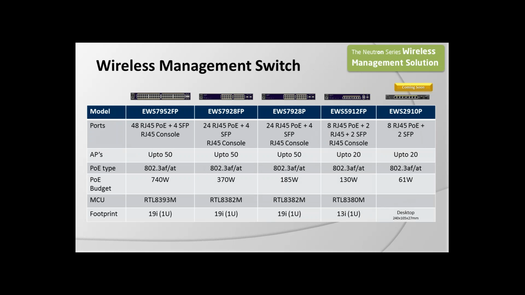There's one thing that I'd like to mention on top, because actually this is already repeating all the standard lineup of our switches. The only thing new here is that we will have an EWS 2910, which is an even smaller footprint of switch with lower PoE capacity, but still with the management capacity to manage 20 access points.